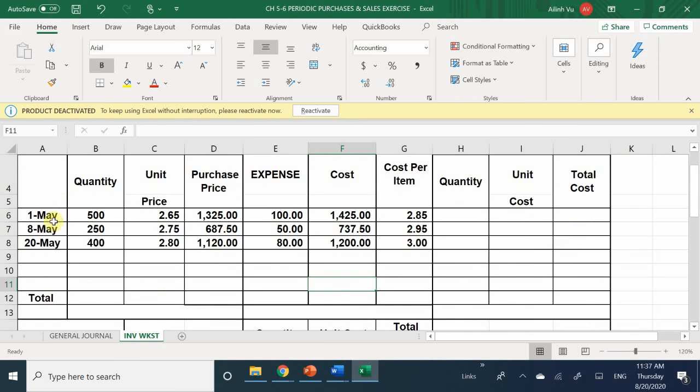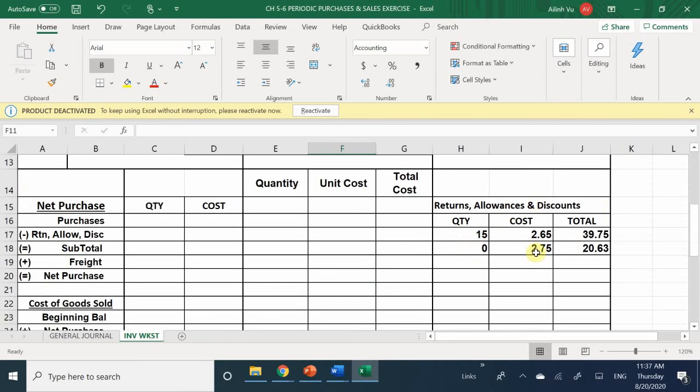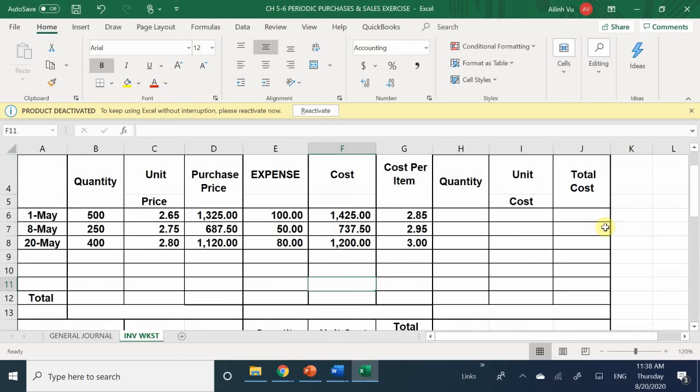And then the second basket we bought was $250, and my grand total was $737.50. But we tried to return it. They gave us a discount for $20.63. So here we need to do a little calculation.